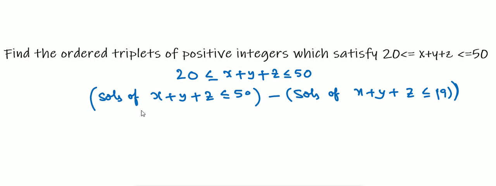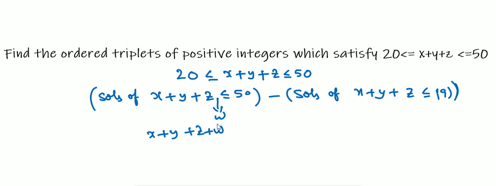As we learned in today's session in question number 5, we will fill up the gap between x plus y plus z and 50 with a new parameter w. So x plus y plus z plus w is equal to 50.